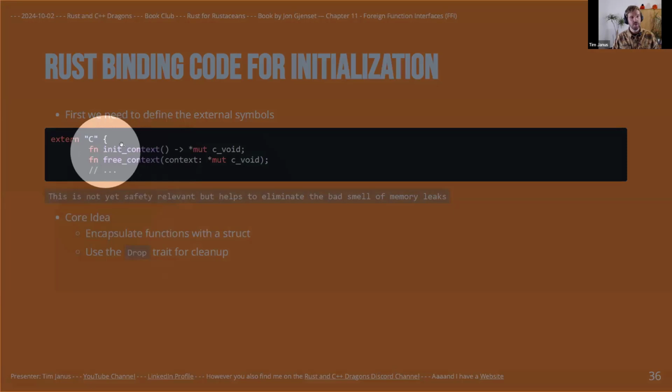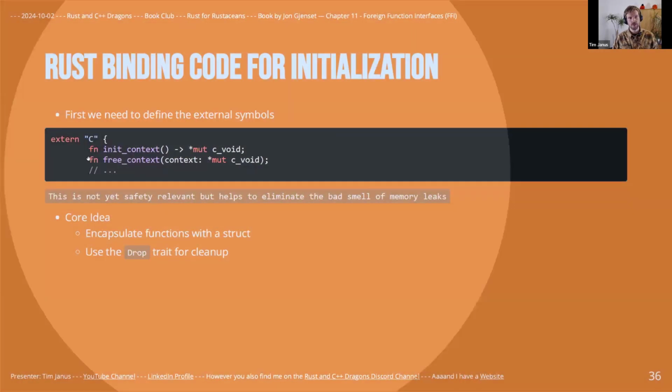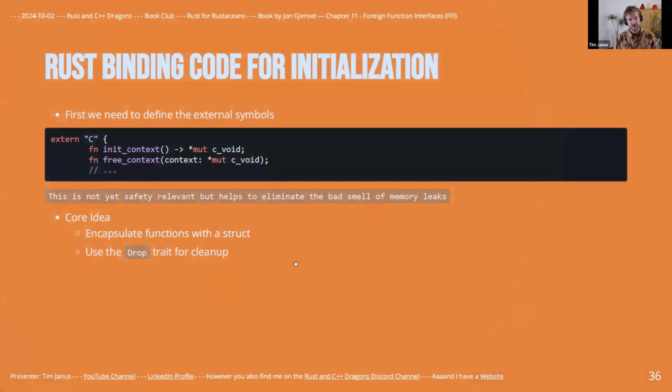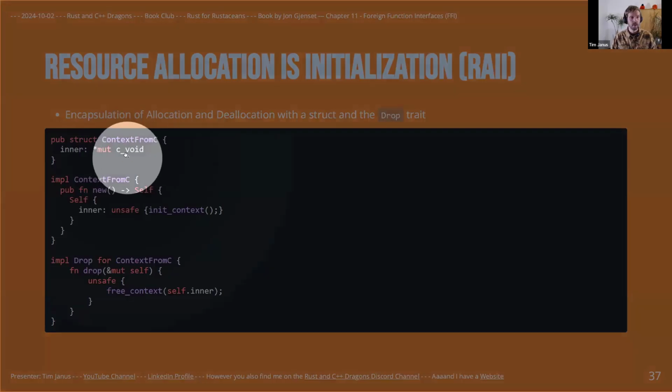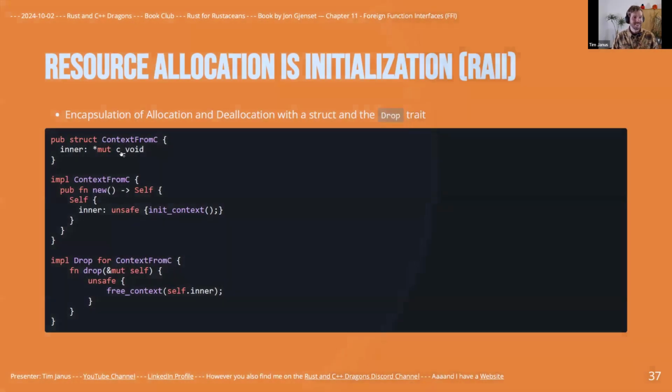We just assume now we have the init context and the free context function from an external interface. What you just do is you write a wrapper type for your pointer. I assumed it's a void pointer here. There may be more type information. Often these interfaces end up with void pointers, and you can find it out and then cast it. So cast is another unsafe operation, but when you know the API, you may end up with something better here.